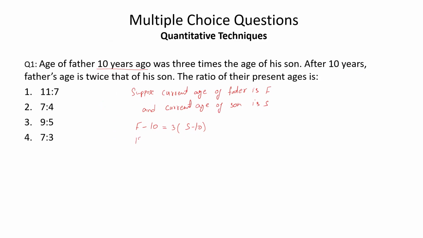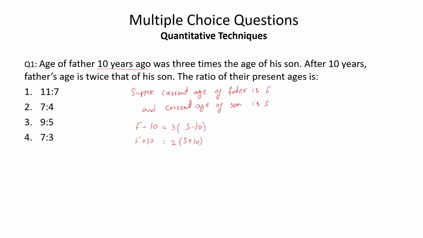They are talking about F plus 10 and S plus 10. After 10 years, the father's age is twice that of his son. Because the current age is F, 10 years ago it must be F minus 10; similarly, the current age of the son is S, 10 years ago S minus 10, and after 10 years, F plus 10 and S plus 10. These are the two equations.